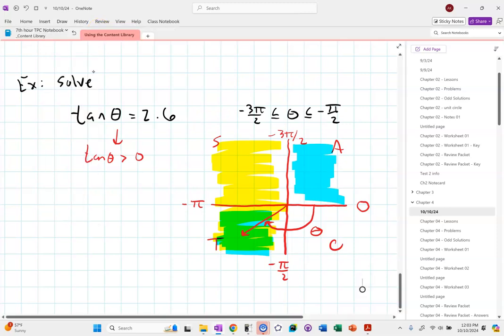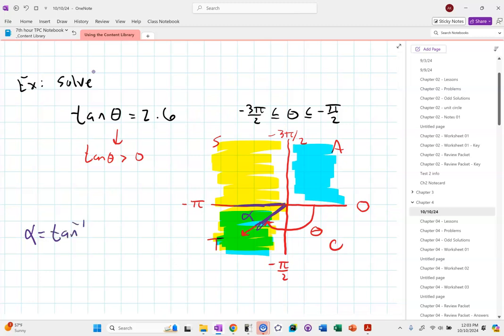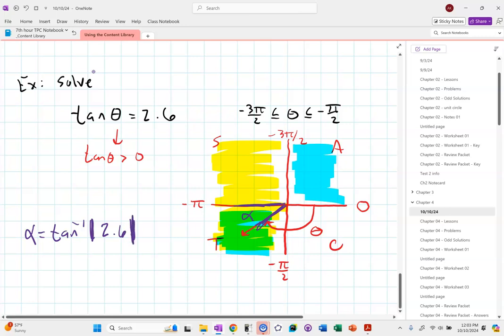So far, so good. So I'll draw in my alpha. So alpha is going to be tan inverse, absolute value, 2.16.